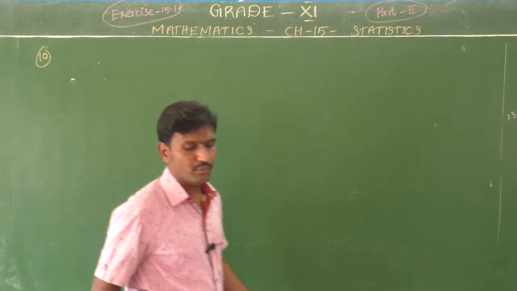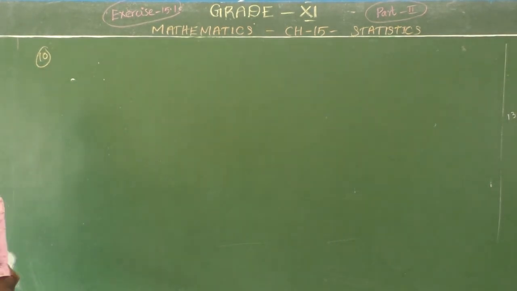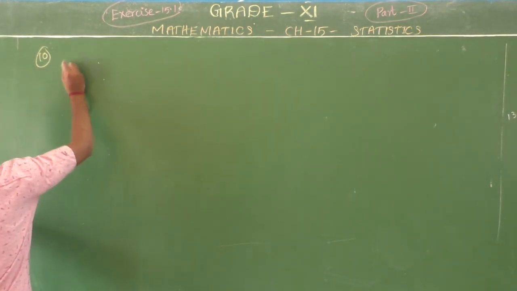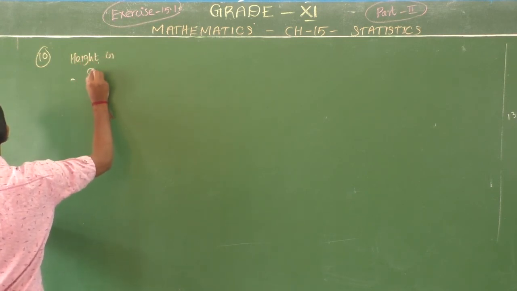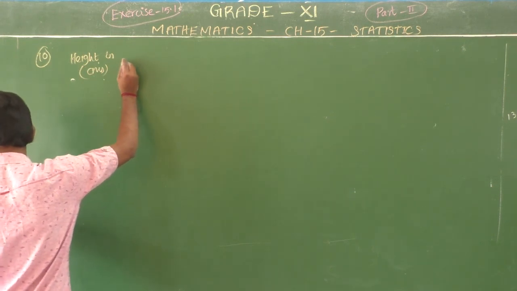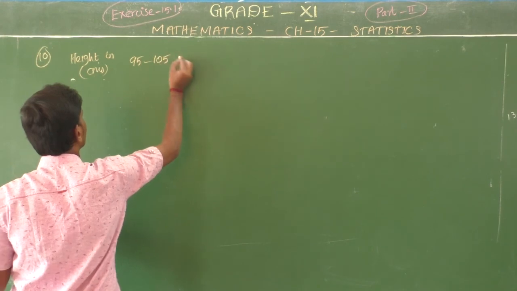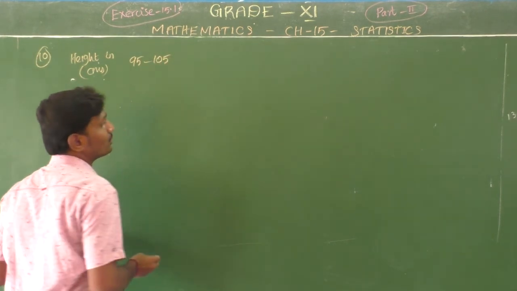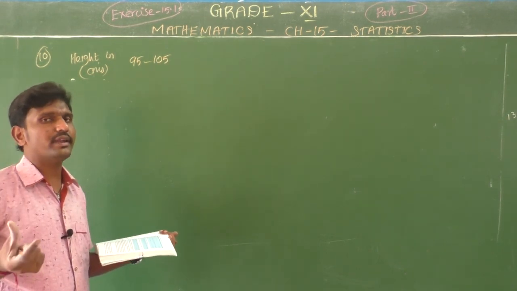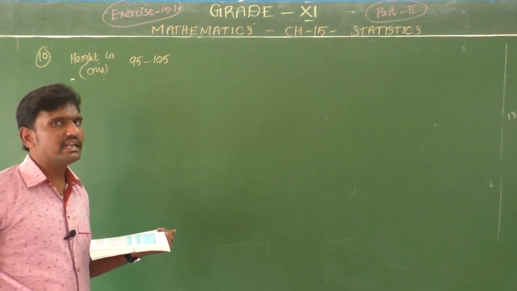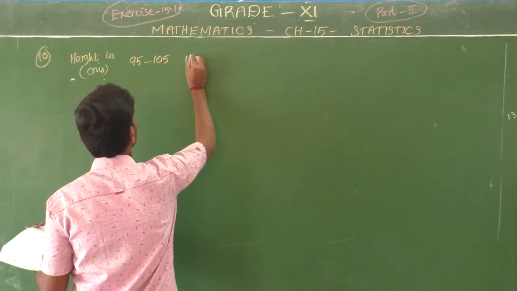So now listen. First I am giving you the table. The question number 10 is the height in centimeters. So the heights are given 95 to 105. So the numbers are different, no? Already you prepared so many questions like 0 to 100, 100 to 200, 0 to 10, 10 to 20, like that in your previous 10th syllabus. Now I give you a different one.